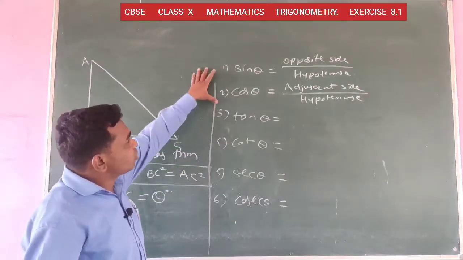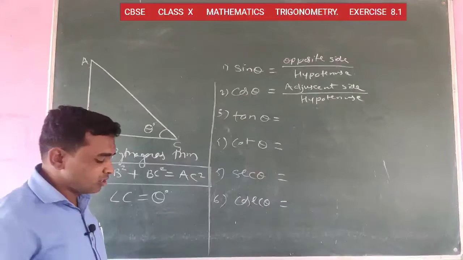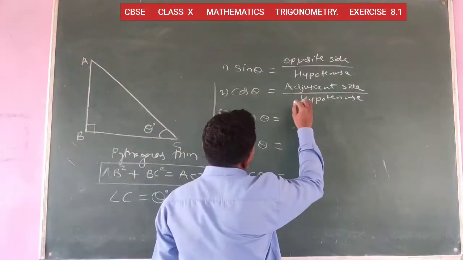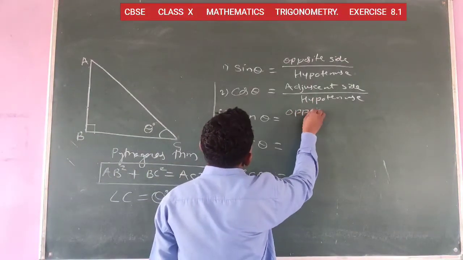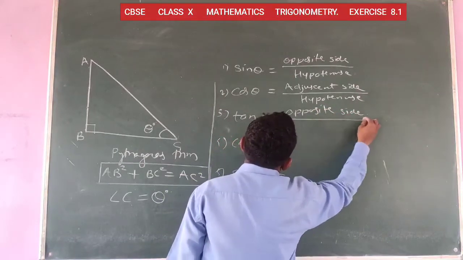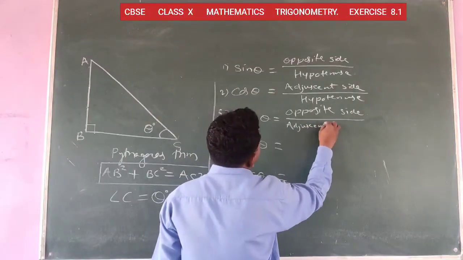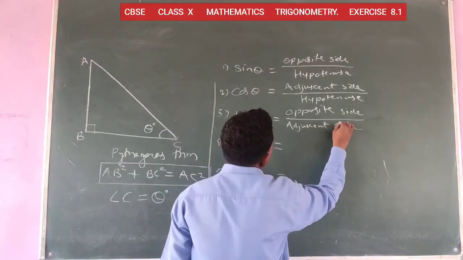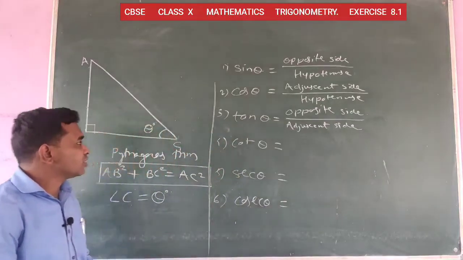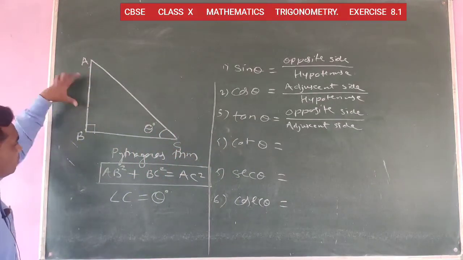These are the two basic formulations, sine theta and cos theta. The third one is tan theta, and the formulation is the opposite side to the angle theta divided by the adjacent side to the angle theta. According to the position of angle theta, the opposite side is AB and the adjacent is BC.